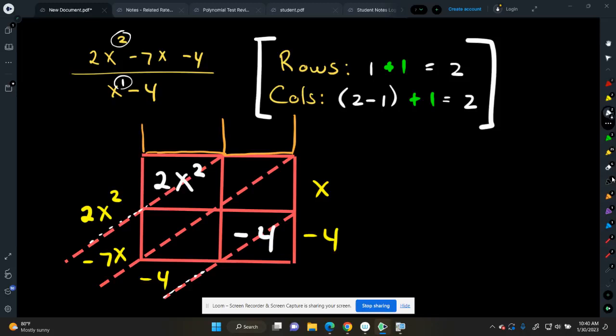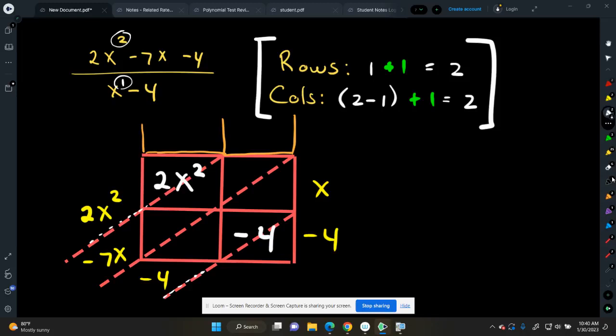Now, MJ, what do I have to multiply the 3 by to get a 9? 3. So that goes up here at the top of the column. Now we can fill in the rest of this column. We have 3 times x squared. What does that equal? 3x squared. We have 3 times 5x, which gives us 15x. Right? So as soon as we got that 3, we could finish that column.